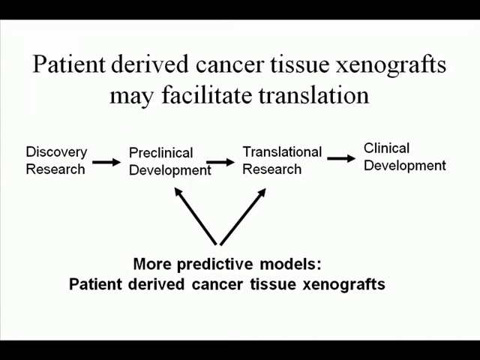Whatever model you pick up, you have to be really objective about why you pick it. If you're too selective, that will give you a selective corner anyway. So I believe the model should be more predictive, and this kind of model should facilitate translational research all the way from discovery to clinical development.